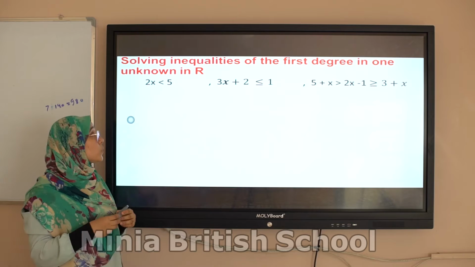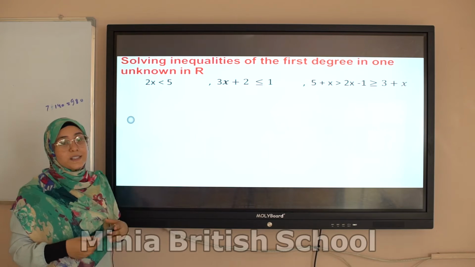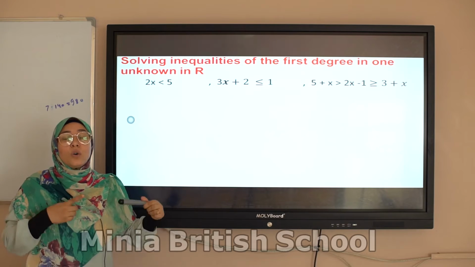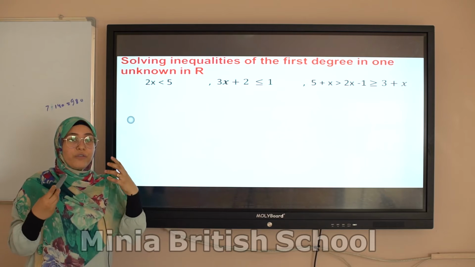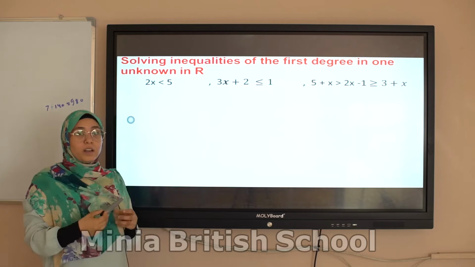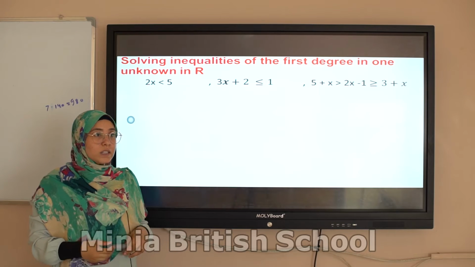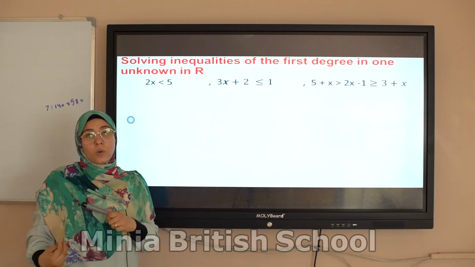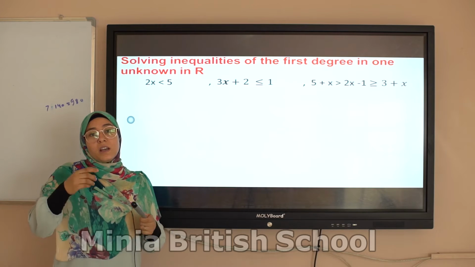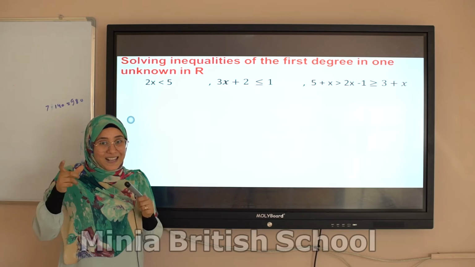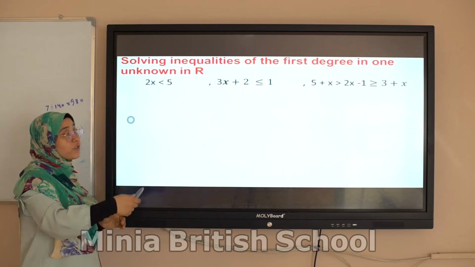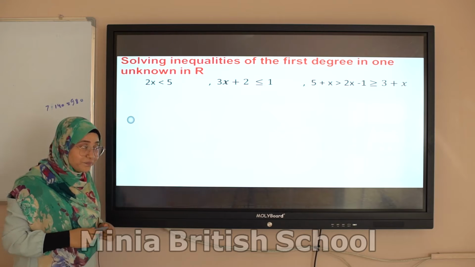Now I need to solve the inequalities in R. Solving inequalities means finding all values of the variable x which satisfy the inequalities, and the solution set of the inequality in R will be written as an interval, okay, because many numbers satisfy inequalities.